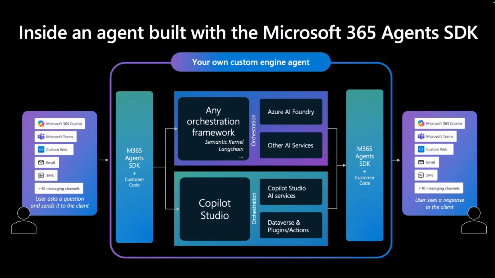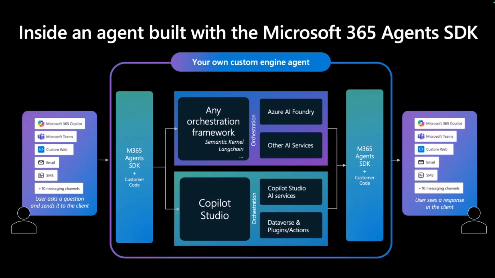This can be any orchestration like Semantic Kernel or LangChain, as I mentioned. It can be any model. It connects with AI Foundry very well, and you can bring other services from Azure AI as well. At the same time, you can also connect with Copilot Studio too. So if you built an agent or a plugin in Copilot Studio, you can also bring that into Agents SDK agents too.